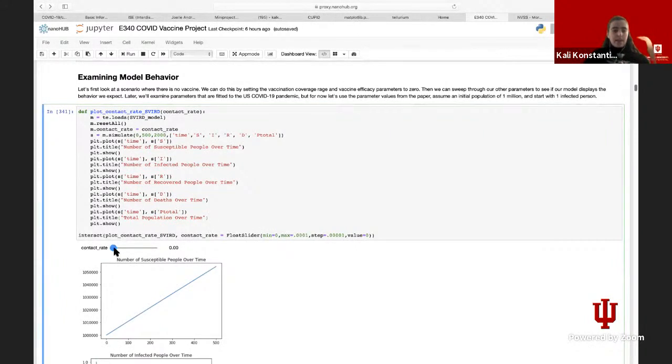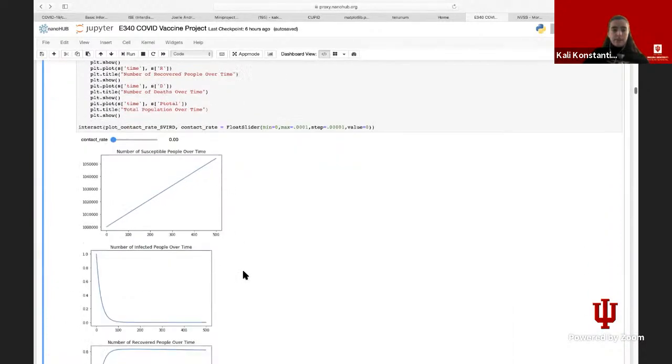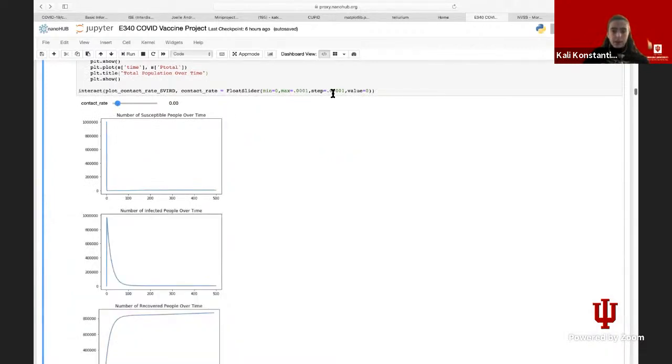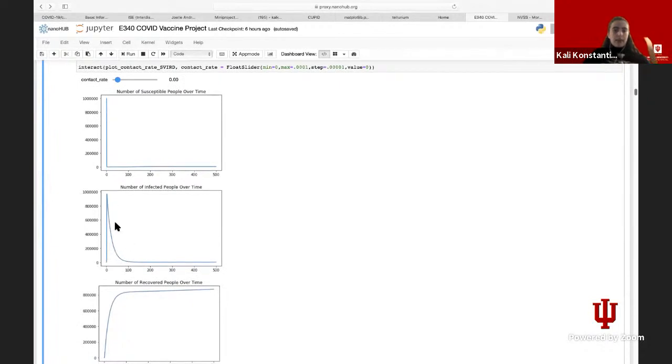But the widget slider doesn't like working with too small values. So when we go from a contact rate of 0 to 0.00001, we see this dramatic jump in cases.